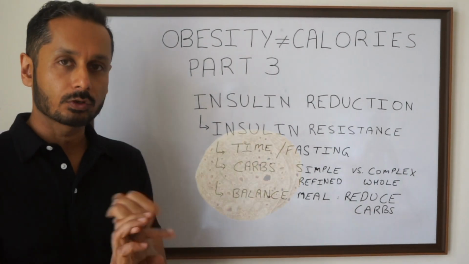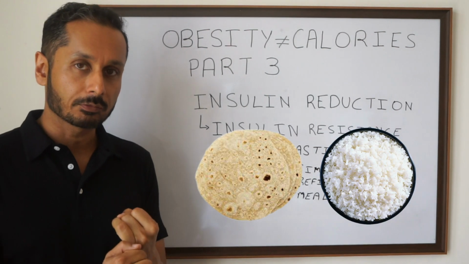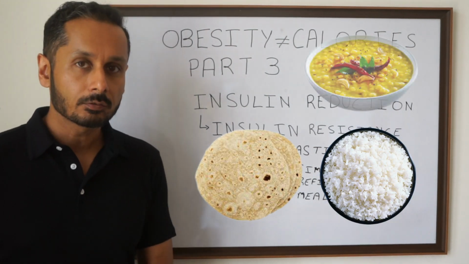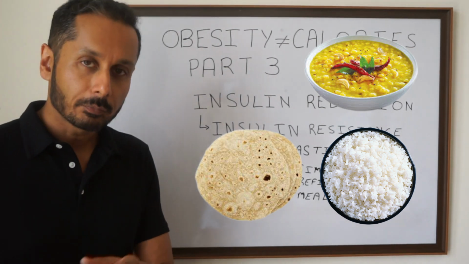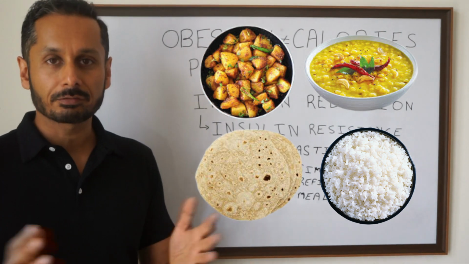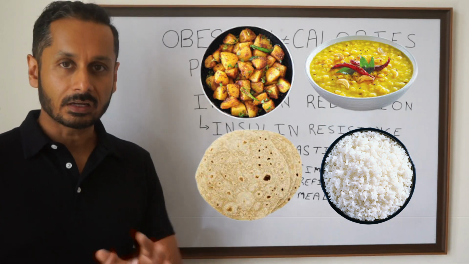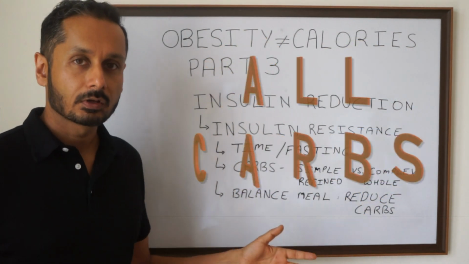So if you're having a roti, that's pure carbs. Or if you're having rice, that's pure carbs. Add to that a dal, which is primarily a carbohydrate. Yes, it has protein, but it is a lot of carbs. And then if you have potatoes with it, which is our favorite, dal, aloo, roti, that's our favorite meal combo, then all you're having is carbs.